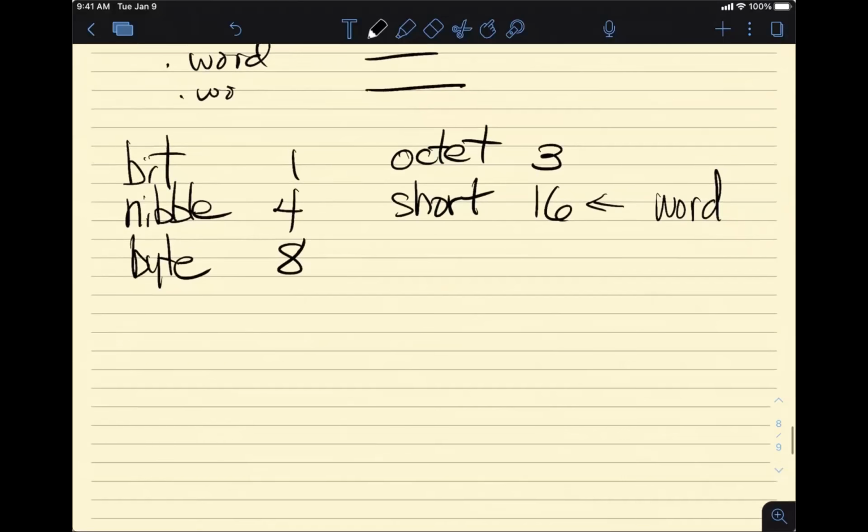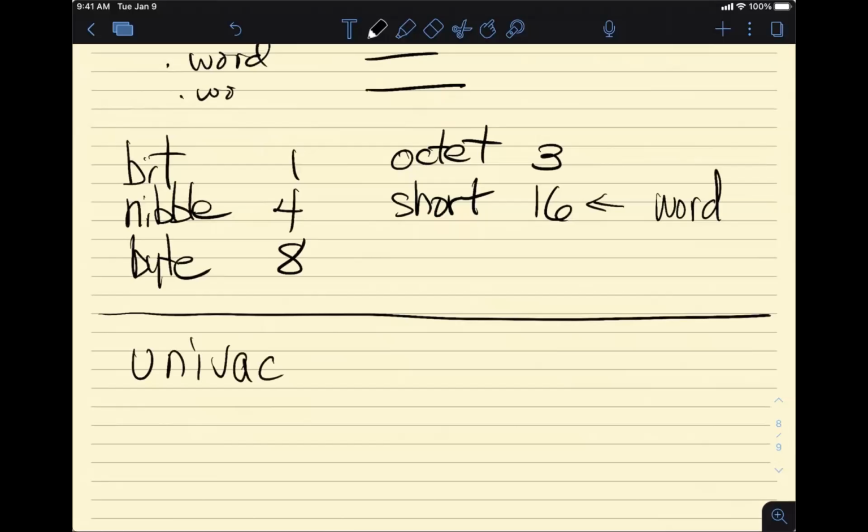Now, this gives me an opportunity for a digression. When I got to college and took this course, where assembly language programming was taught, I was on a UNIVAC 1108, which had, follow me here, 36-bit words. 36.